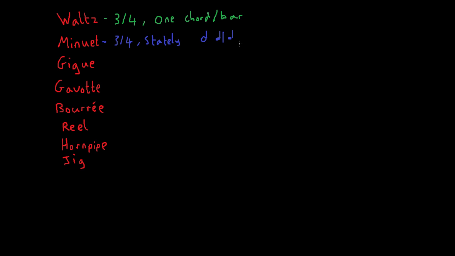Crotchet, 2 sets of quavers. Then it does something similar to that. It reuses your minim crotchet, and then instead of 2 sets of quavers, it has crotchet, 1 set of quavers, and a crotchet.